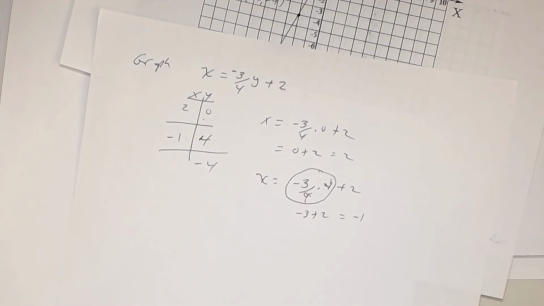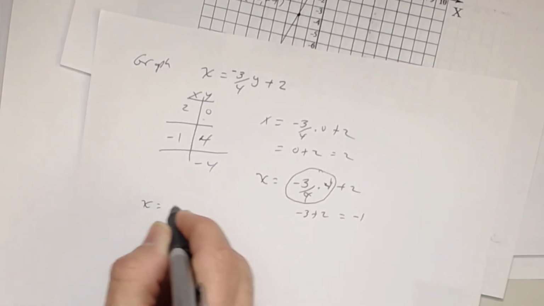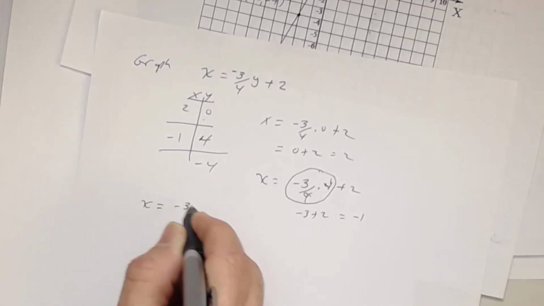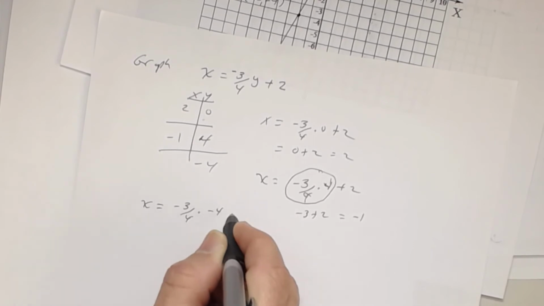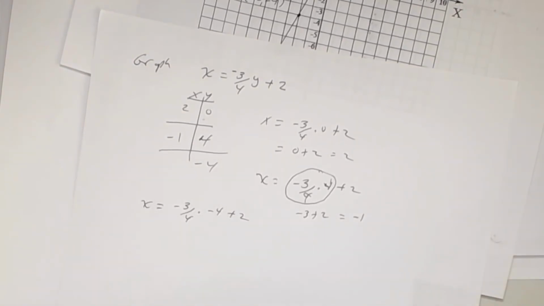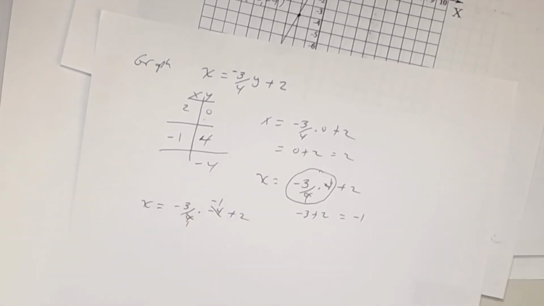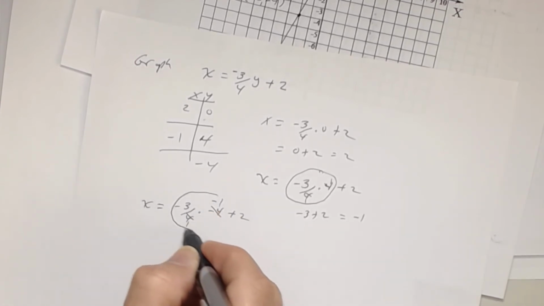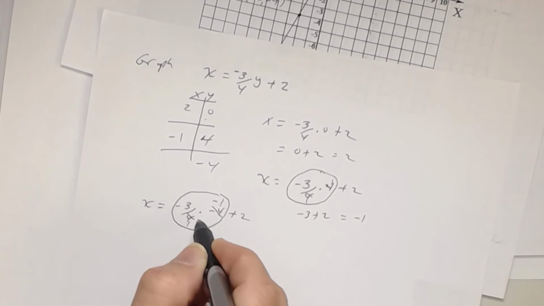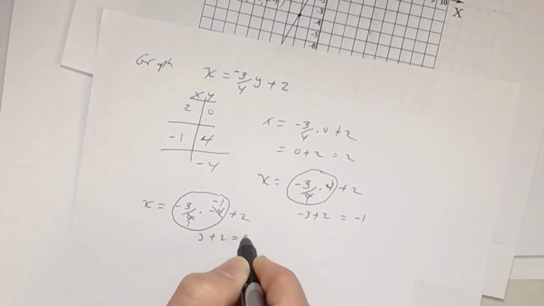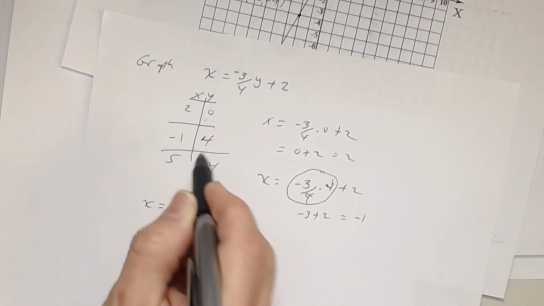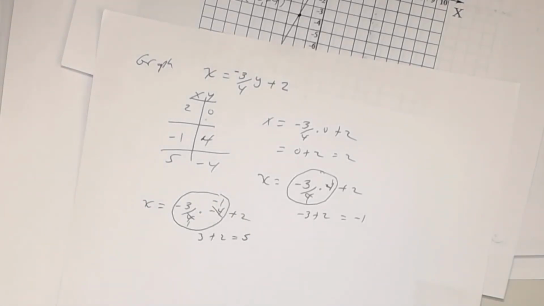When y is negative 4, I get x equal negative 3/4 times a negative 4 plus 2. 4 to 4 is 1. 4 to negative 4 is negative 1. What's this product right here? Positive 3. 3 plus 2 is 5. So then I plot the point 5, negative 4.